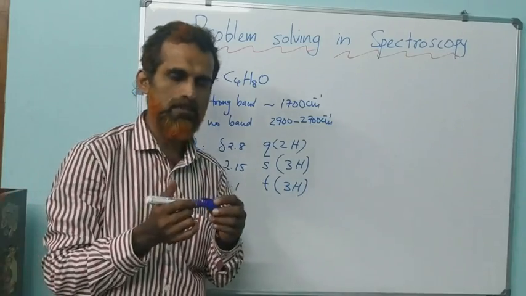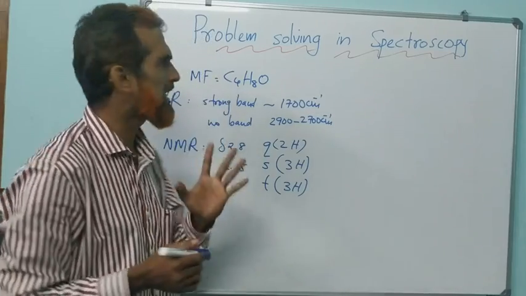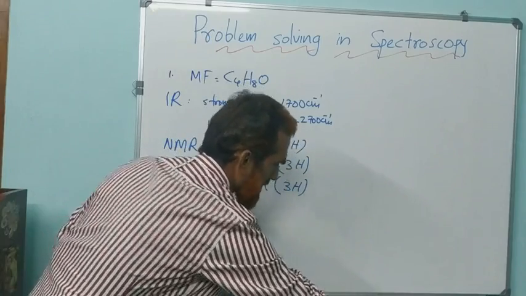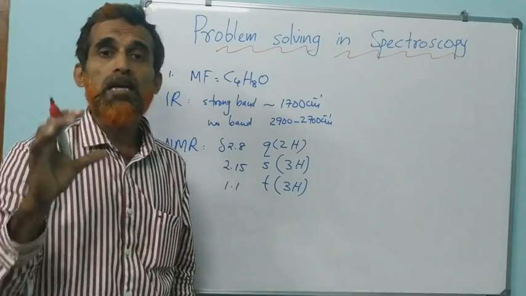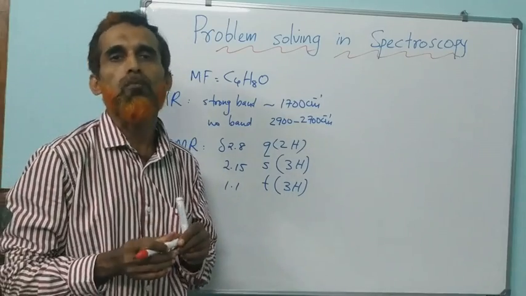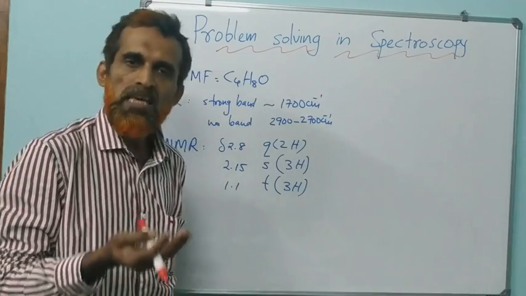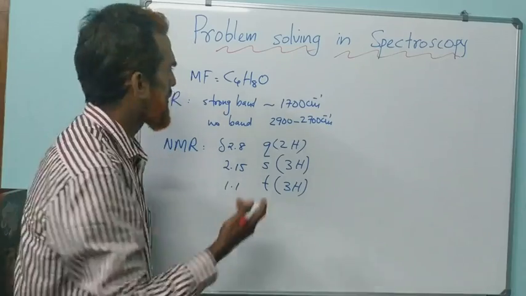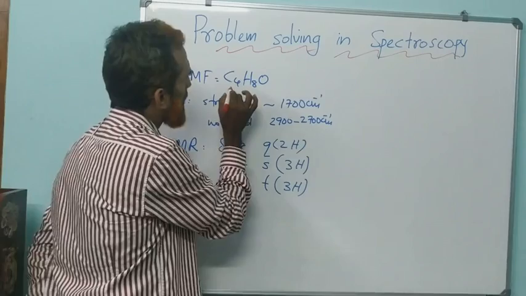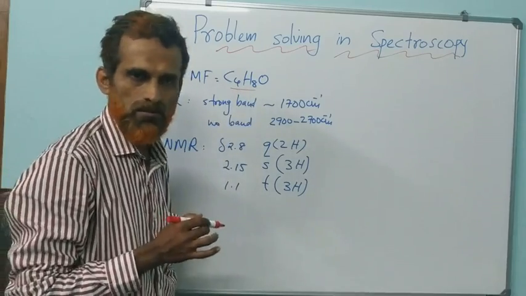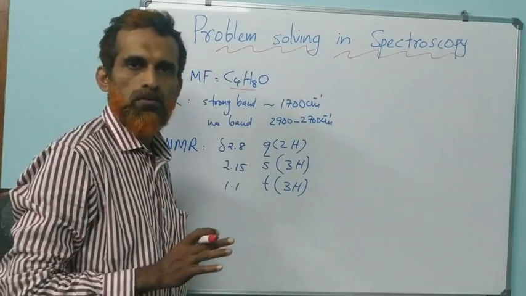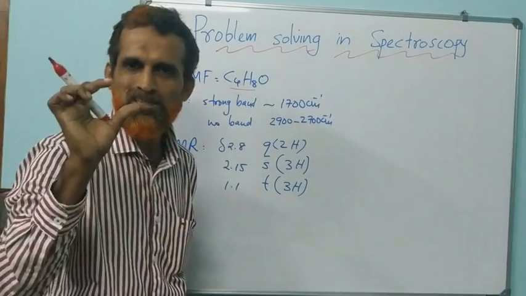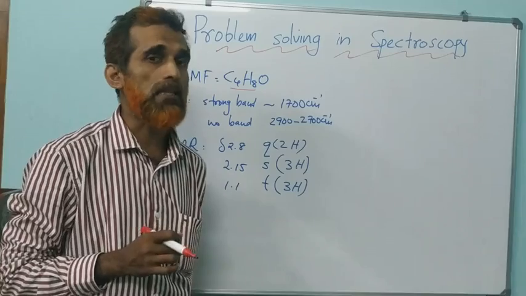What are the steps? First thing is, look at the molecular formula and identify the degree of unsaturation. How many pi bonds are there? Is the molecule saturated? That can be easily identified by looking at the hydrocarbon part. You neglect oxygen. Here C4H8 fits the formula CnH2n, that of an alkene.